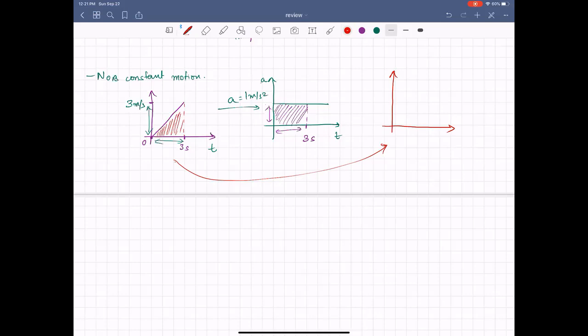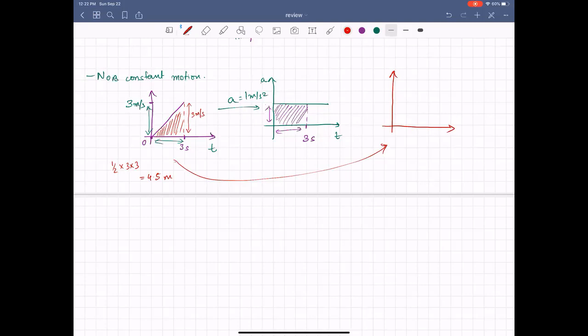This length is 3 seconds, this length is 3 meters per second. So that's the area of a triangle, half times 3 times 3, which is 4.5 meters.